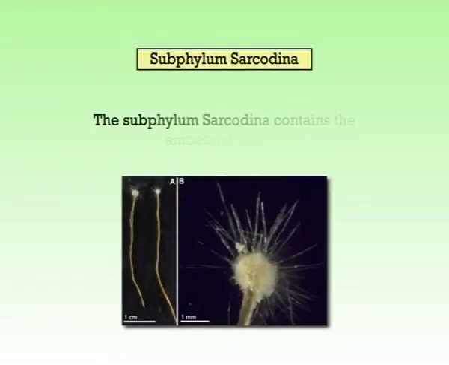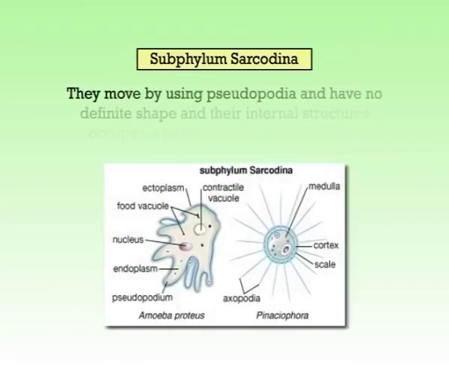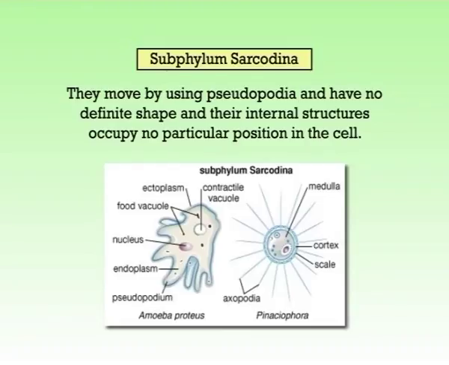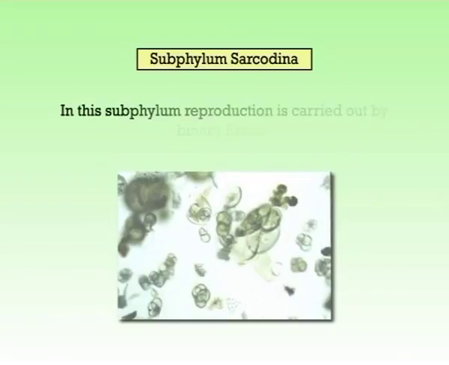Next, the subphylum Sarcodina contains the amoeboid protozoa. These Sarcodina move by using pseudopodia and have no definite shape, and their internal structures occupy no particular position in the cell. In this subphylum, reproduction is carried out by binary fission.